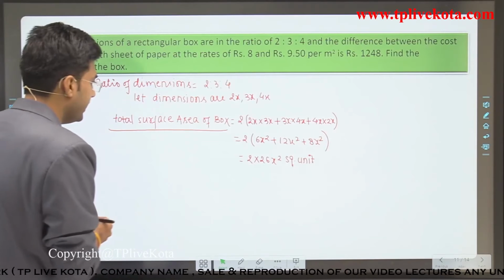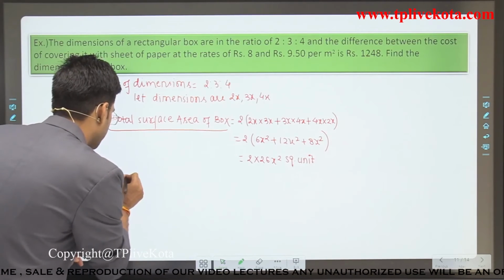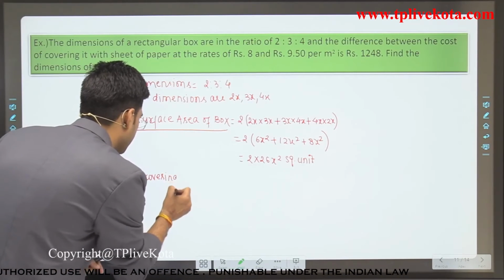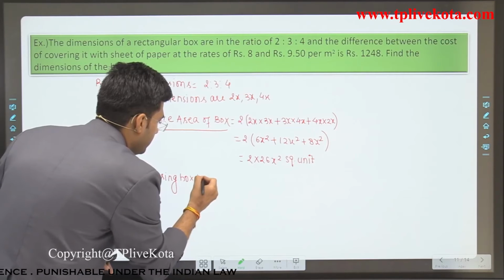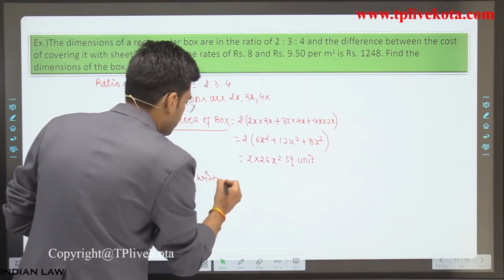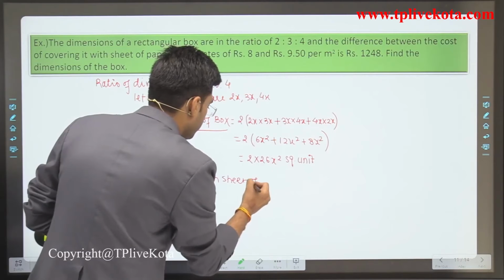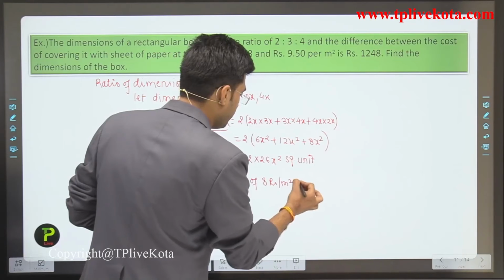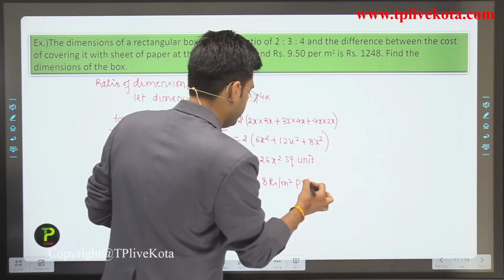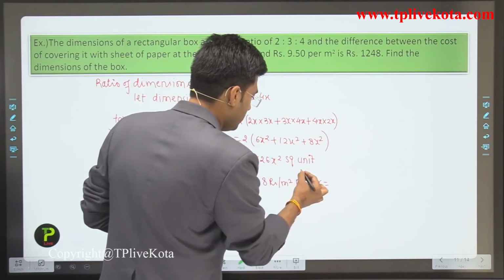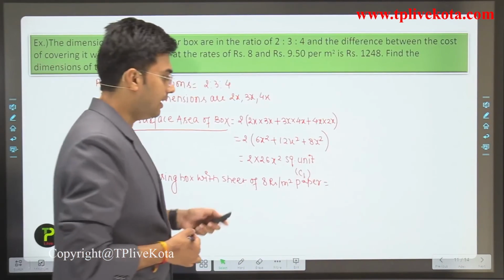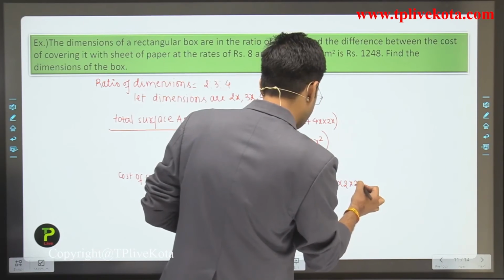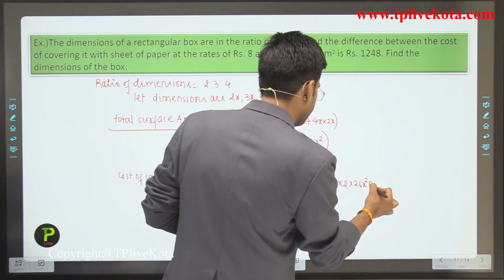So let's find the cost of covering the box with a sheet of 8 rupees per meter square paper. Let this cost be C1, and it is equal to 8 multiplied by 2 multiplied by 26x square rupees.